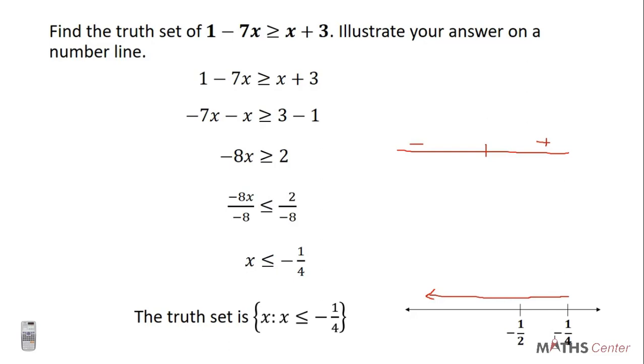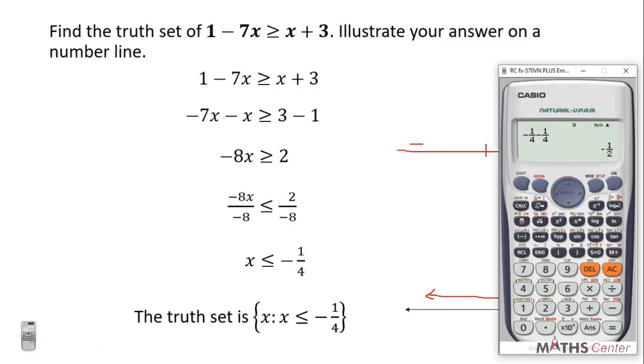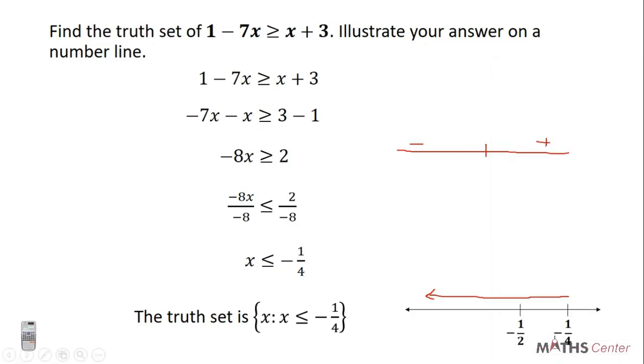So to get the next number, what you do is that you go onto your calculator again. Now our new number is negative 1 over 2. To get the next number, you subtract 1 over 4 again, and that will give us negative 3 over 4. So negative 3 over 4. To get the next number again, you subtract 1 over 4 from the new number.